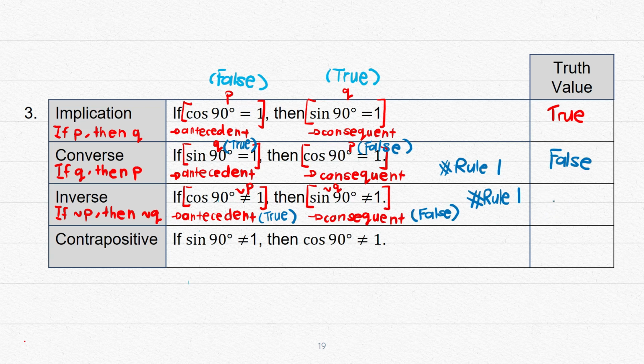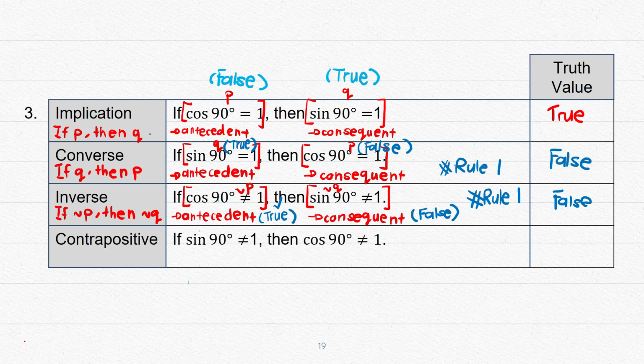Rule number 1 says if the antecedent is true, then the consequent also needs to be true for the implication to be true.